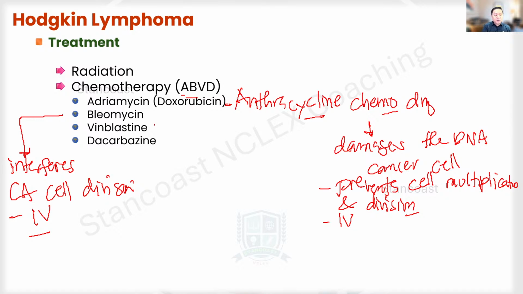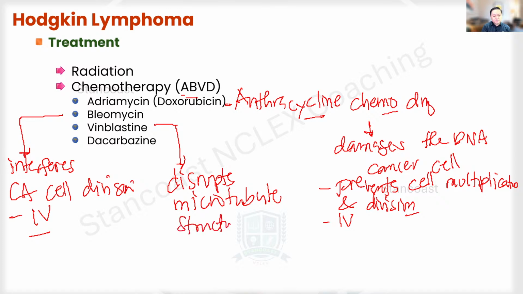Now, we're going to talk about the vinblastine. What is this medication, which is part of that chemotherapeutic modality? This is going to disrupt the microtubule structures in the cancer cell.